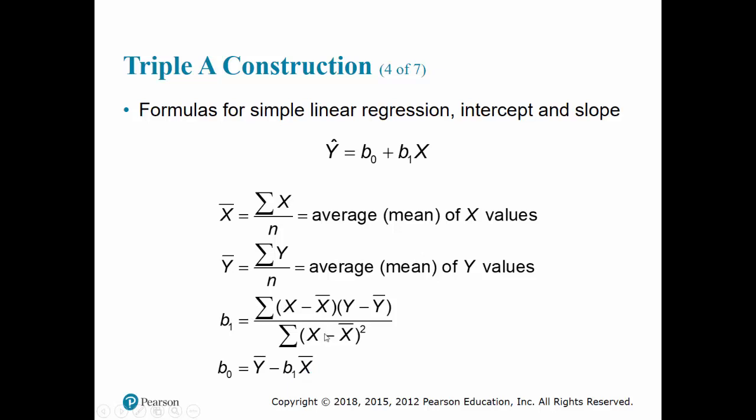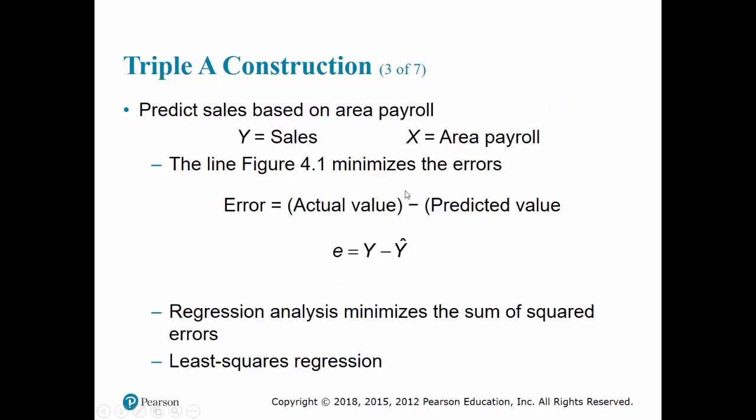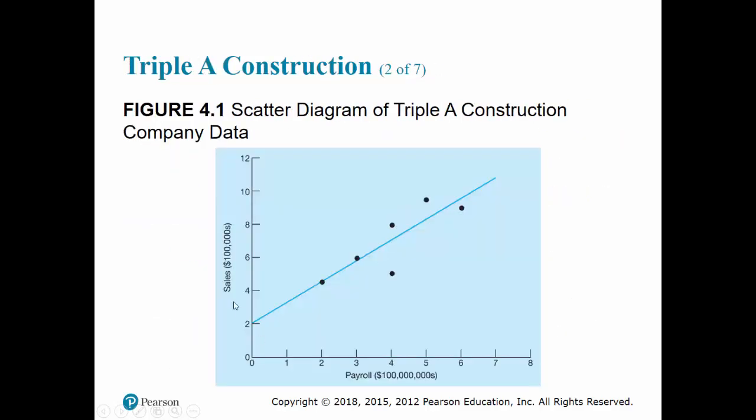So if you use these two formulas to find y hat, the line that you get is guaranteed to give you errors that, when squared and summed, will be the least possible amount. And that's why it's called the least squares estimate. And let's look at a numerical example next.